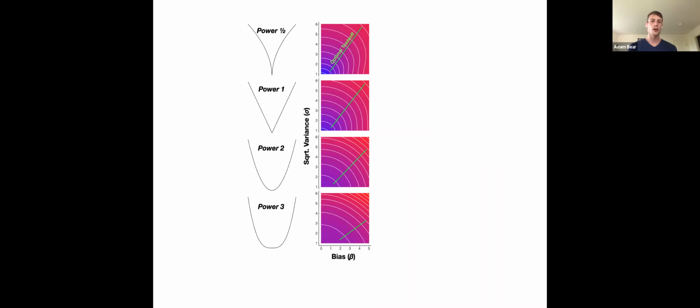If you follow perpendiculars to these isoclines, the green lines we're plotting here, you get an indication of the optimal bias-variance trade-off given some constraint, where shallower green lines indicate that bias is relatively less costly than variance, and the opposite is true for steeper green lines.